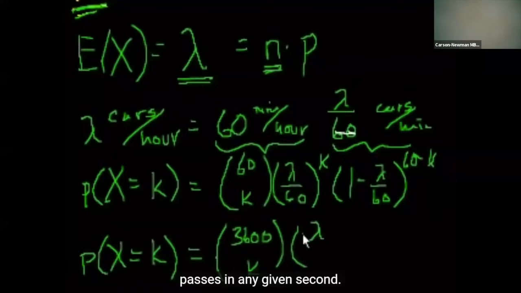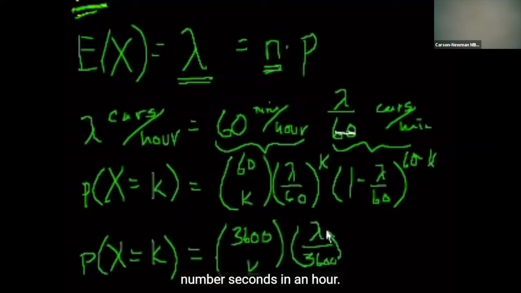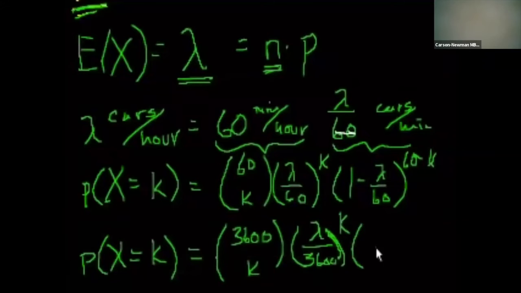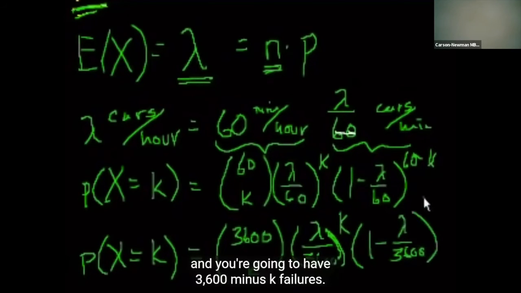That's the expected number of cars in an hour divided by the number of seconds in an hour. And we're going to have k successes, and then the failures: you're going to have 3,600 minus k failures.